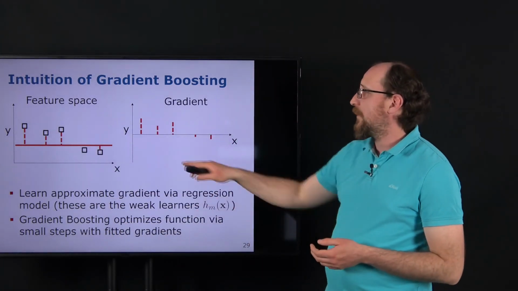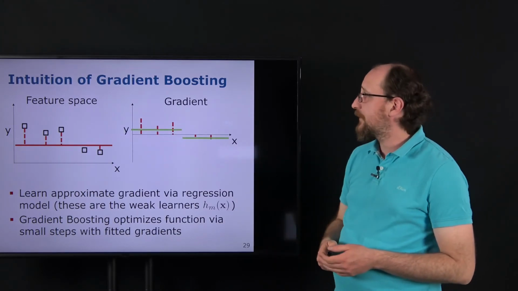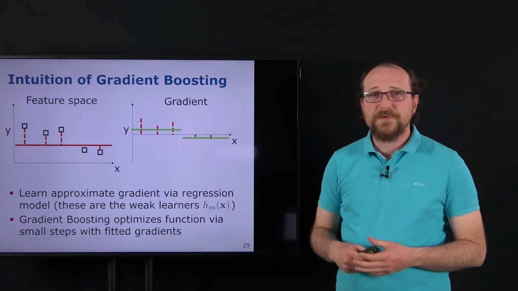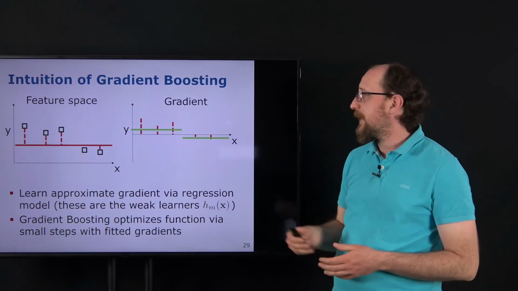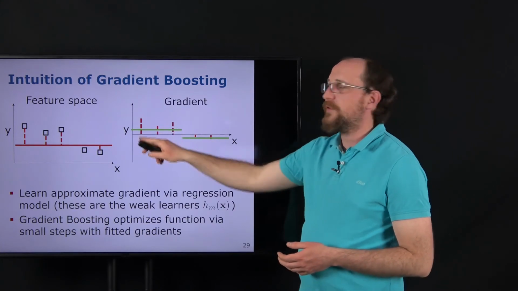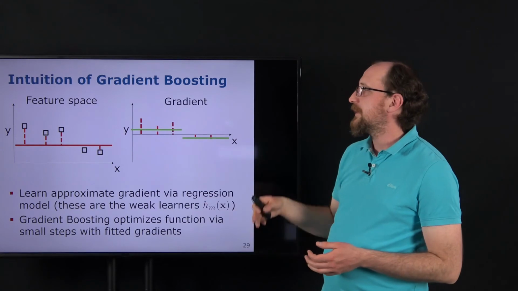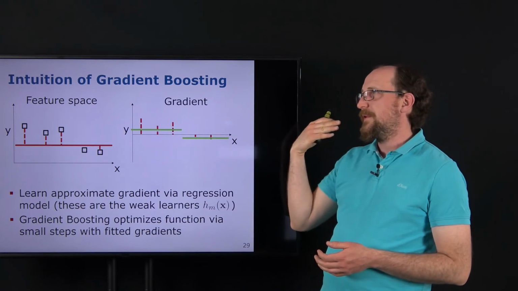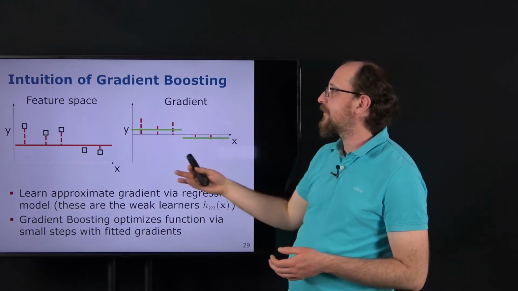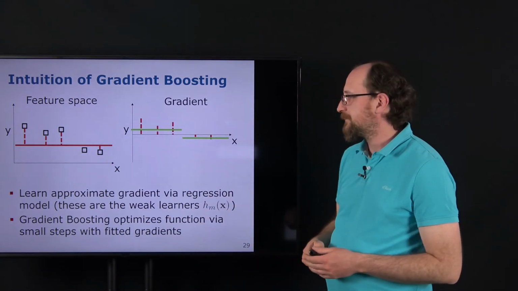We now have point estimates, and what gradient boosting does internally is approximate them with some weak learner. So we have a regression model that tells us for every x how the gradient will look there. It's just an approximation of the gradient function, such that we can change the function so that it does a better job in the end.